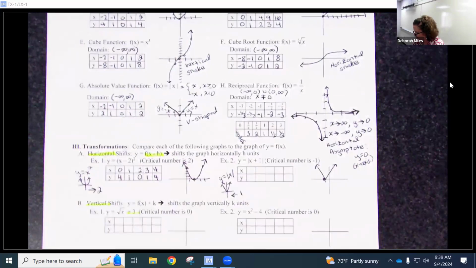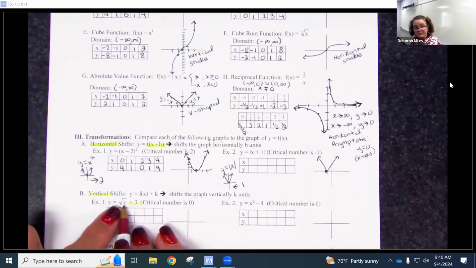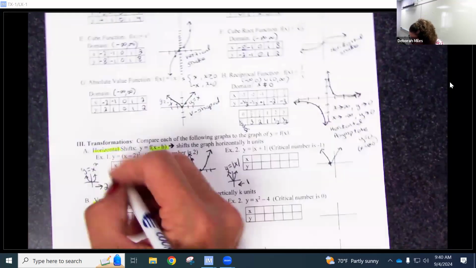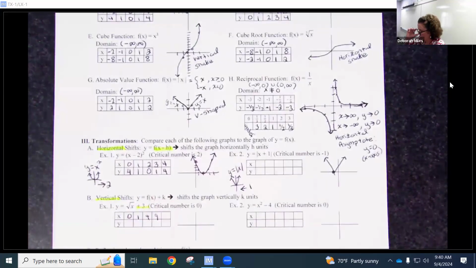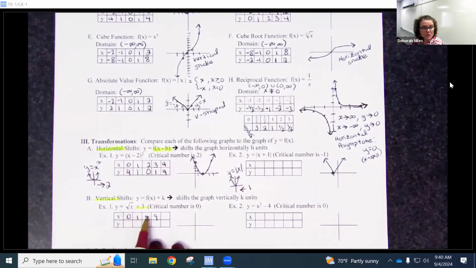So in this first example, I'm going to pick some perfect squares, so I don't have to use my calculator. The smallest number I can take the square root of is 0. So maybe I'll choose 0, 1, 4, and 9. Take the square root of each of those numbers and then add 3.